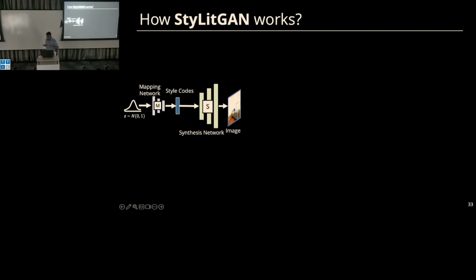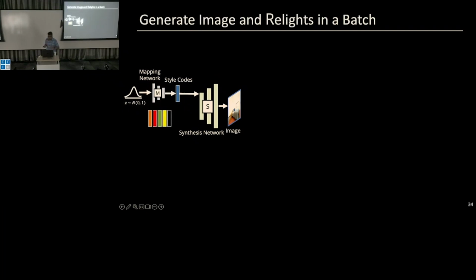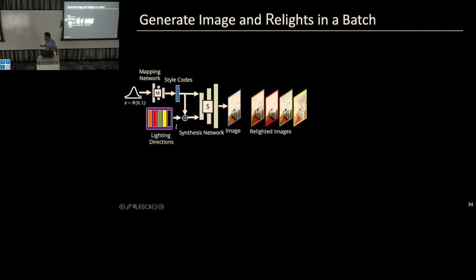The change that we made is that instead of generating just one image, we generate a bunch of images by adding randomly initialized latent vectors to the style codes, generating a series of images which we call relit images.